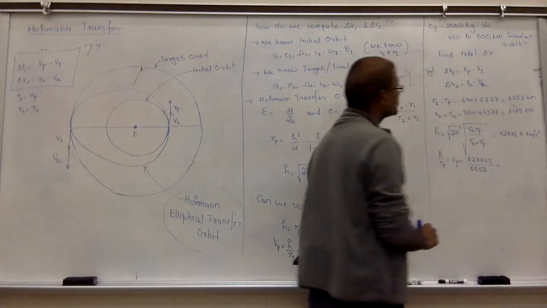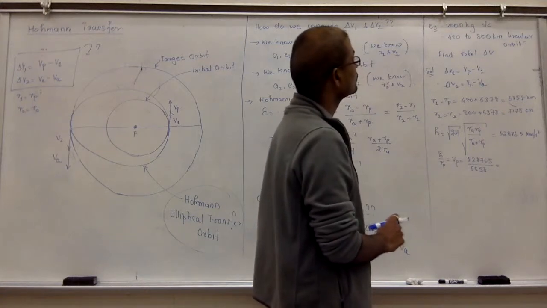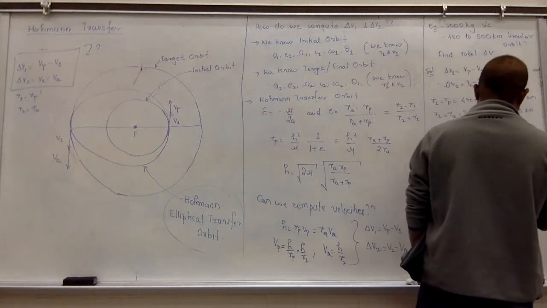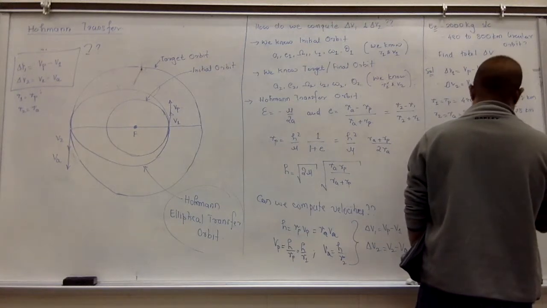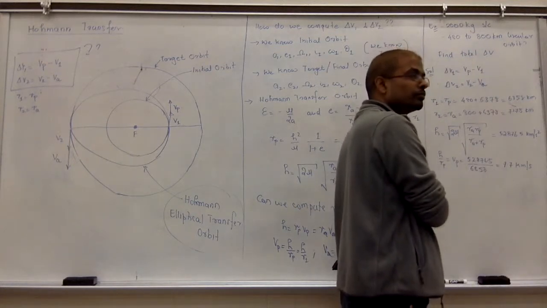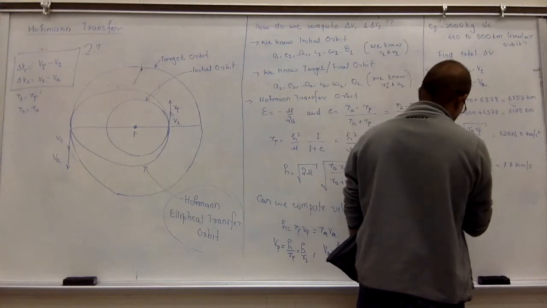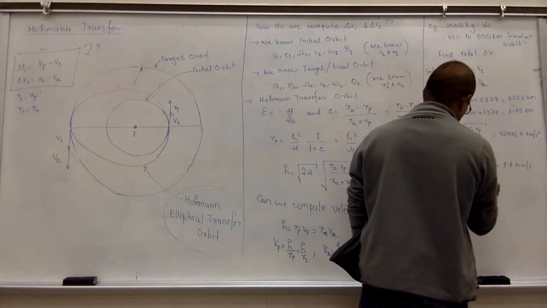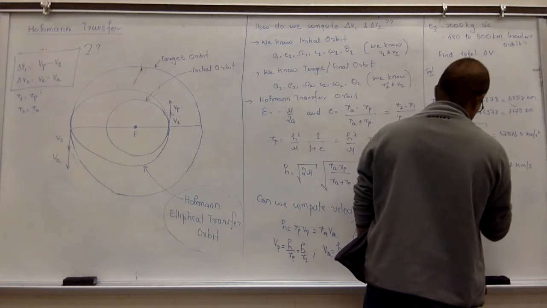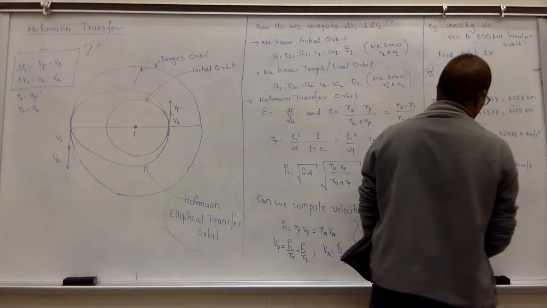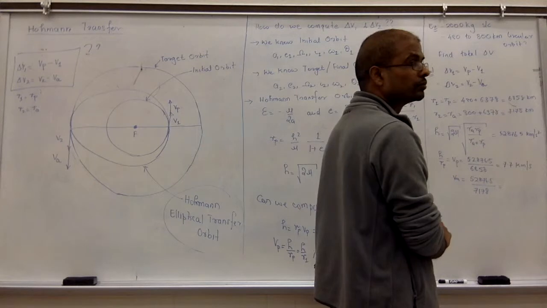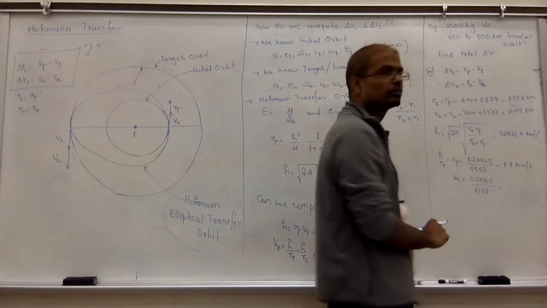So what is this? 7.7 kilometers per second. That's what it is. And what is VA? H over RA. How much is this? We calculate.